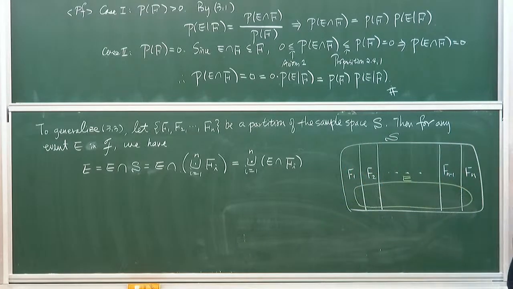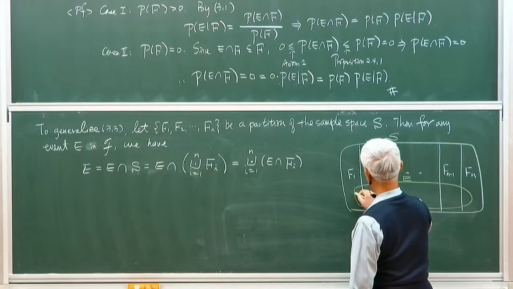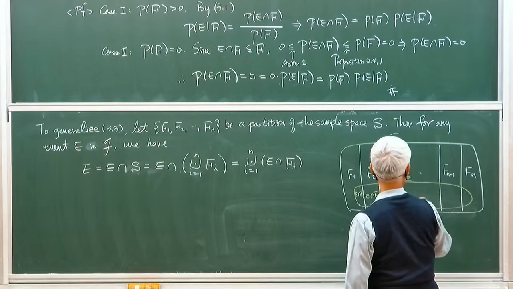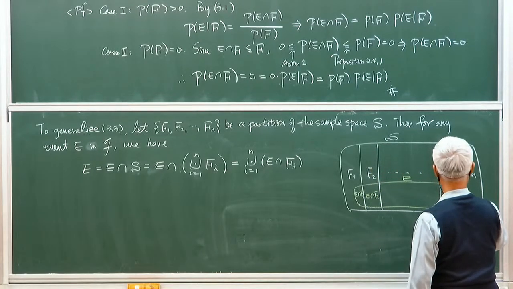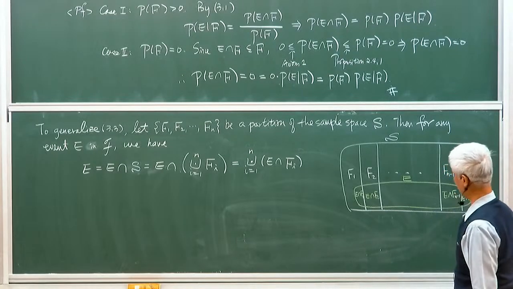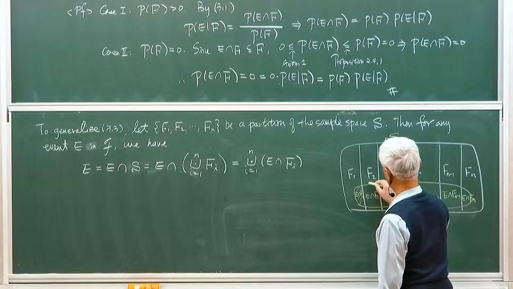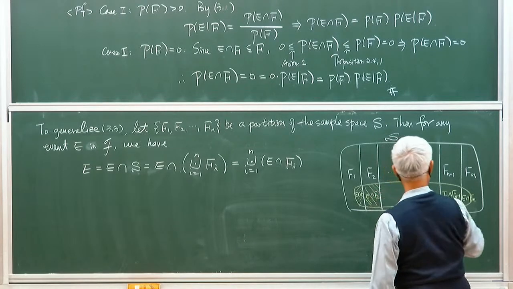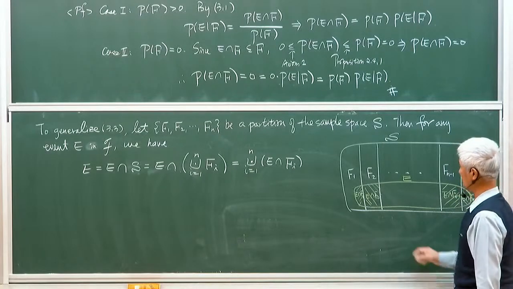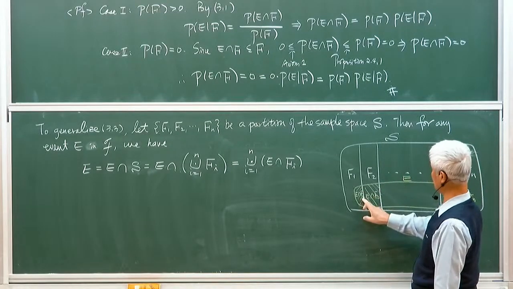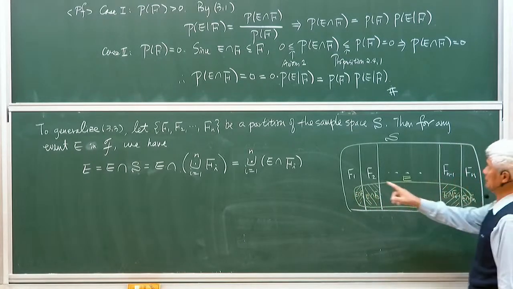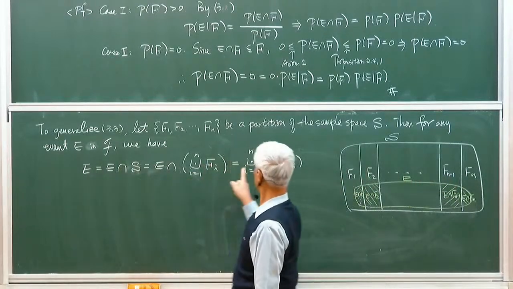Then this part is E intersect F1, this is E intersect F2, this is E intersect Fn minus 1, and this is E intersect Fn. So the event E is the disjoint union of E intersect F1, E intersect F2, up to E intersect Fn.